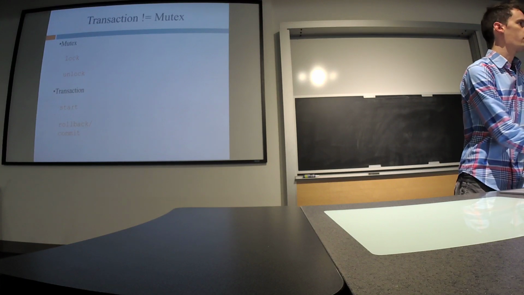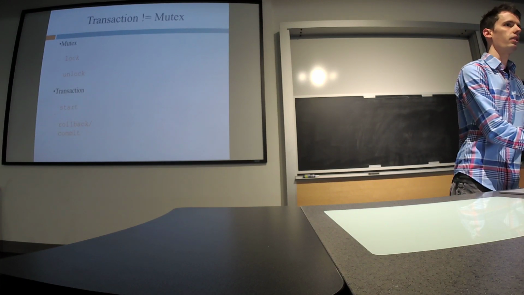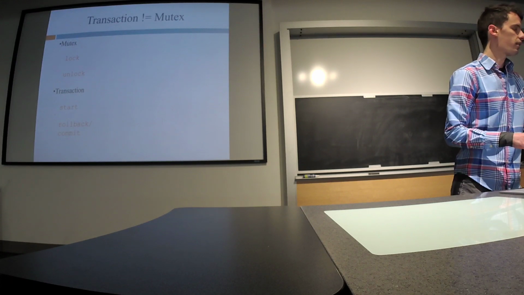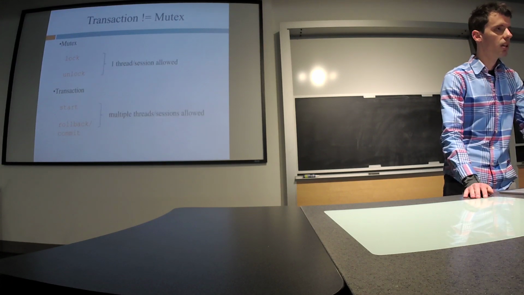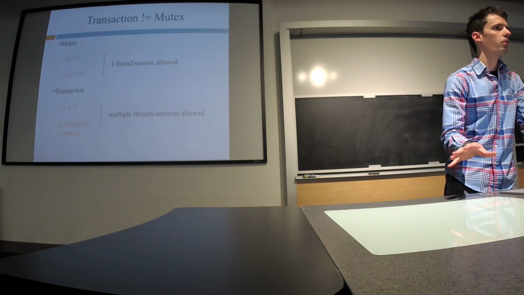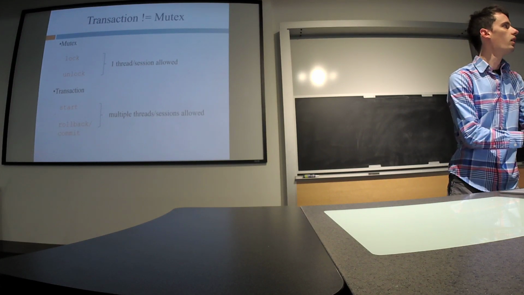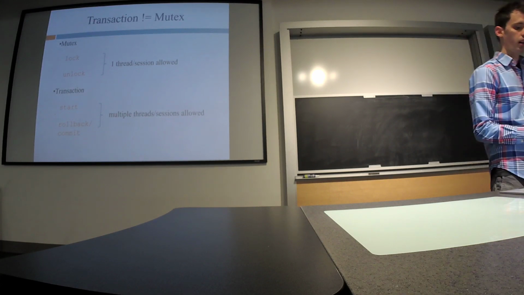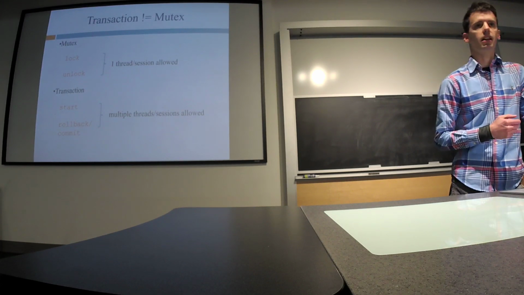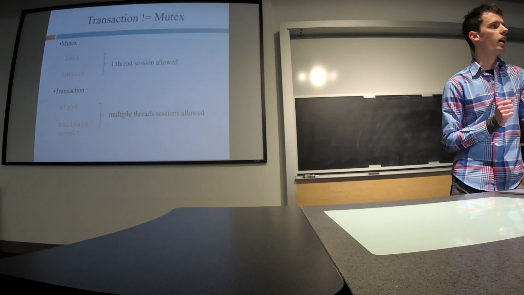So the fact that it even has two different ways of ending a transaction means it's very different from a mutex. A mutex, the entire purpose is mutual exclusion, preventing two or more things from doing the same thing at the same time. A transaction has no such requirement.